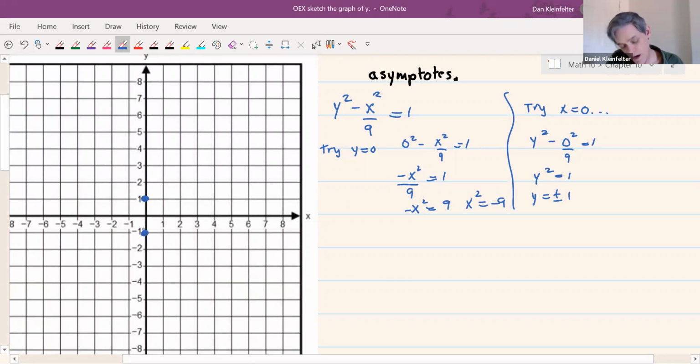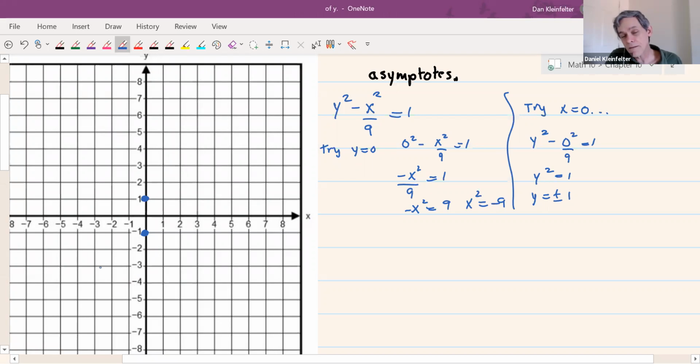Okay, so that will be our vertices. We know that this doesn't intersect the x-axis, and so it's going to not have any x-intercepts. So I know roughly it's going to have to open up and down, but we'll make a better looking picture. But that's what we've got so far just by trying to figure out intercepts.